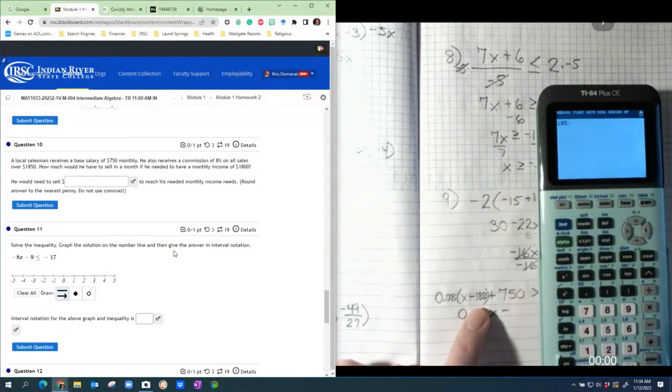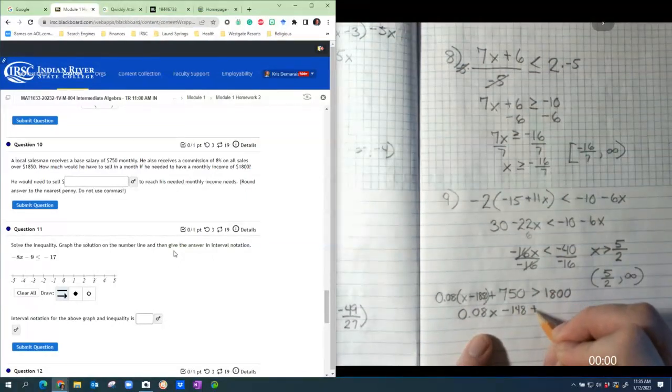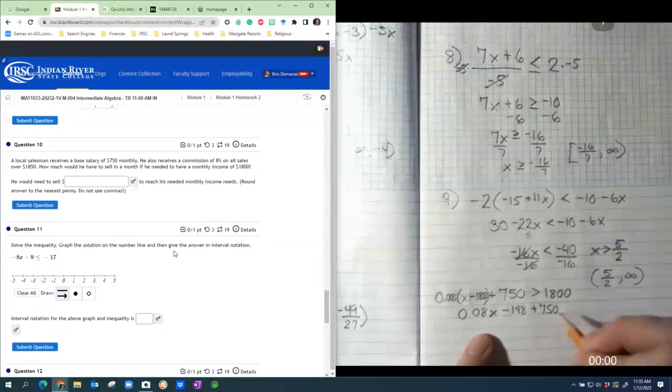So 1850 times 0.08 gives us 148. Plus 750.